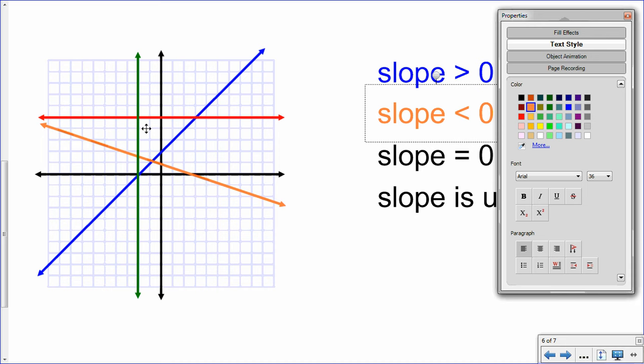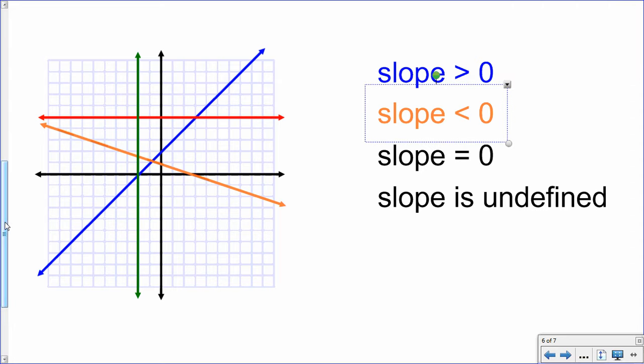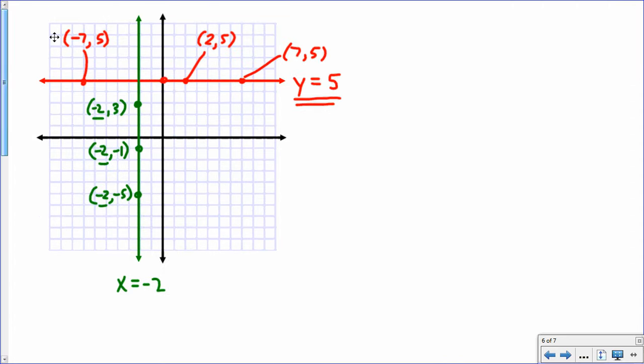But when we get to the horizontal line and the vertical line, that's where problems start to arise. In another video, I rant a little bit about students having problems with the equation of a horizontal line or the equation of a vertical line.